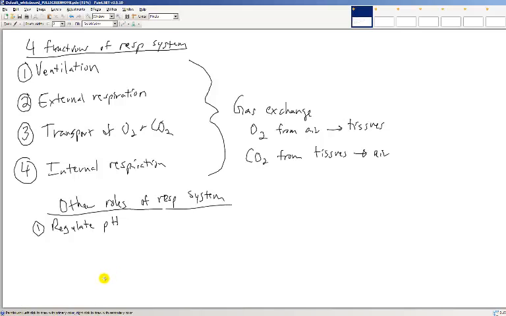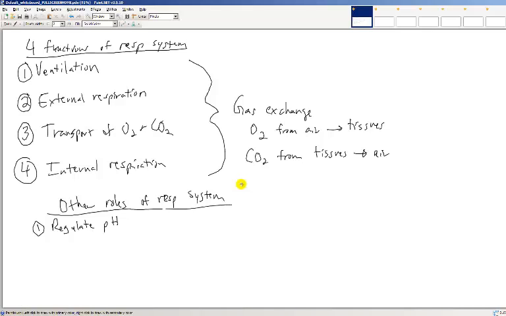So, thinking about what we talked about up here, one of the substances that we named in the gas exchange part of the job of the respiratory system is also involved in pH for the body, and hopefully you guys immediately yell out the answer. That substance is CO2, right?